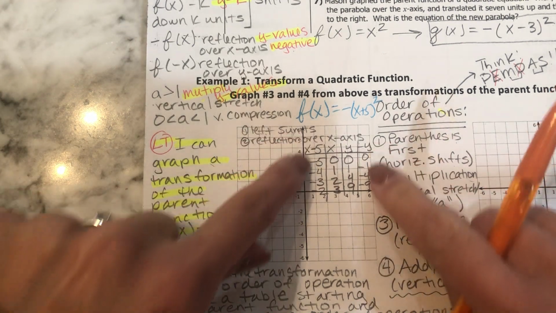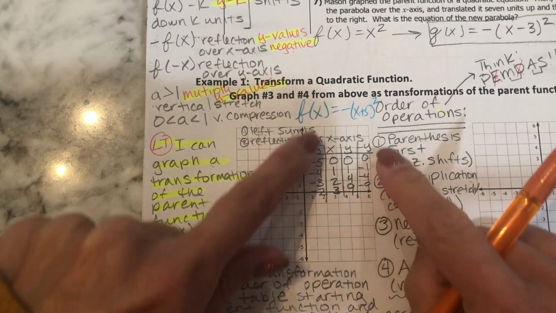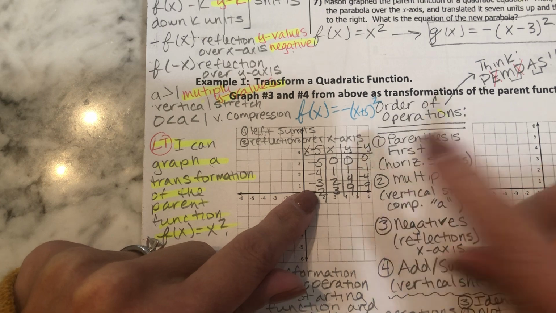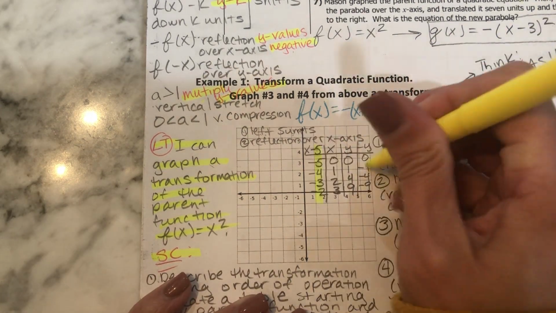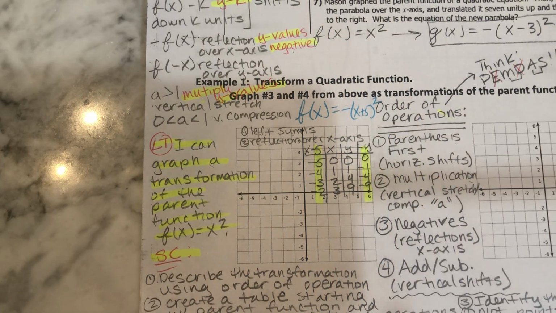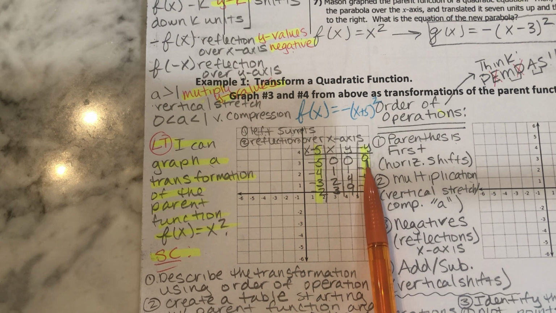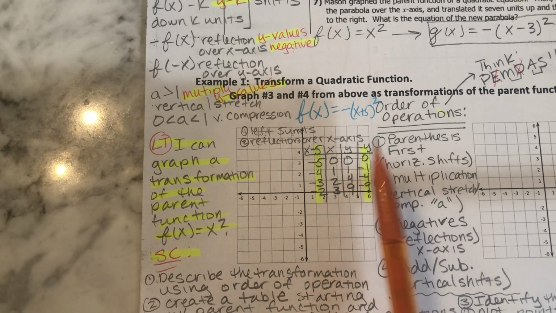So my outer columns, it's always the outer columns that you're looking at. The outer columns are your points that you're graphing. So my first point to graph is negative 5, 0, and that is my vertex.